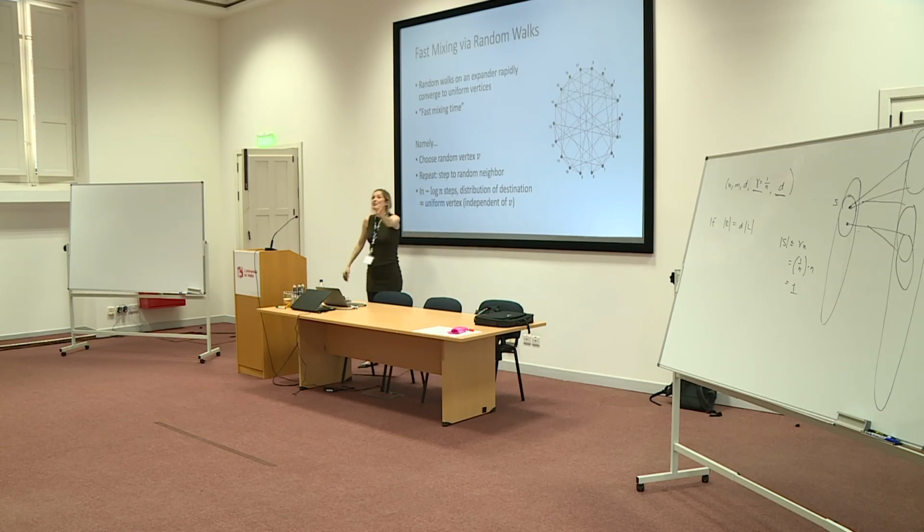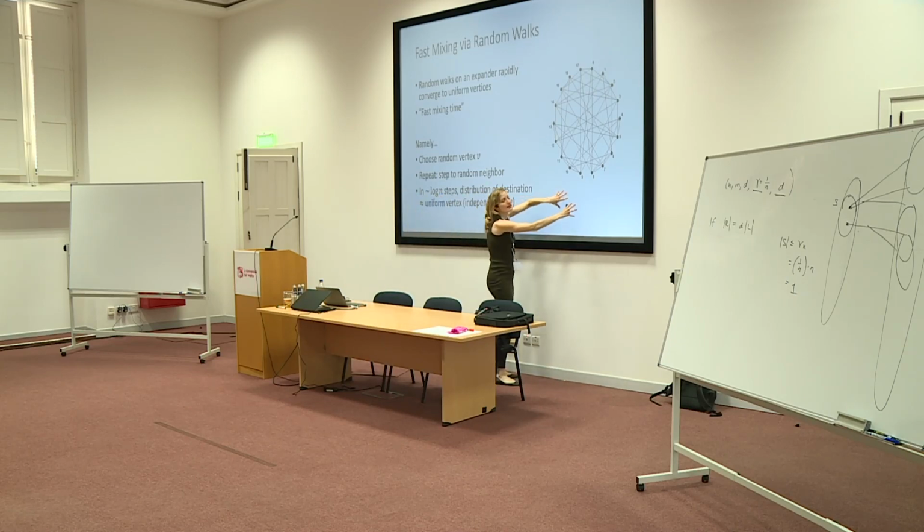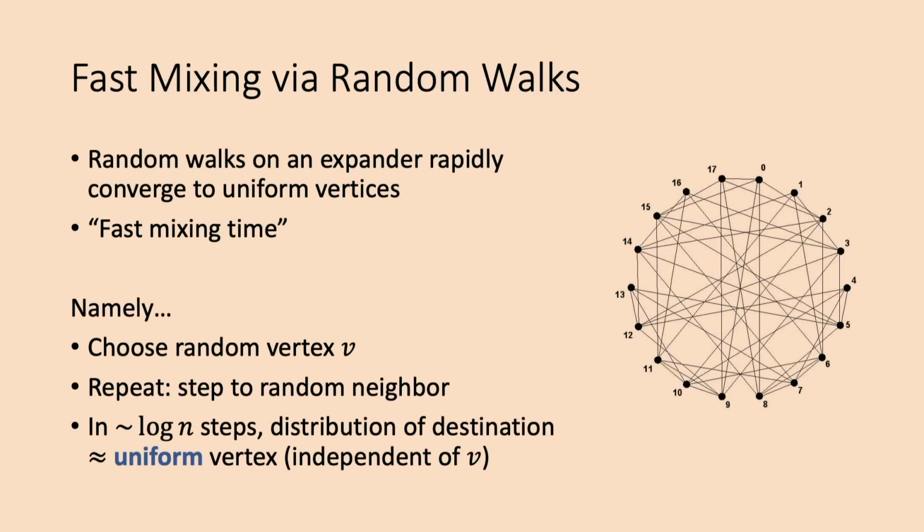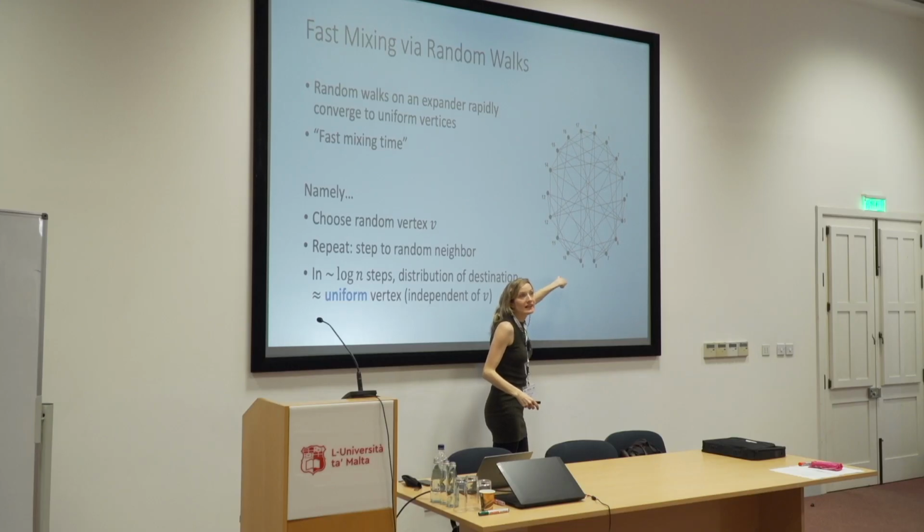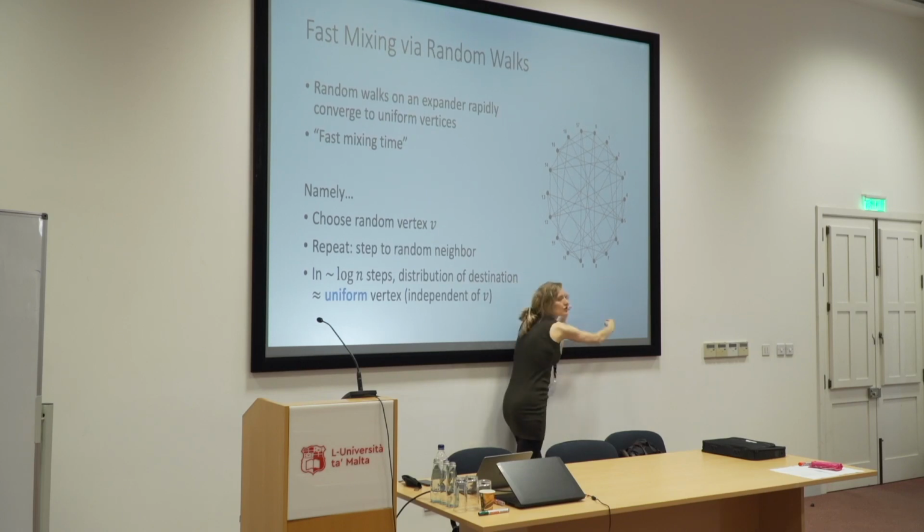And if you remember at the very beginning of the talk, I had this picture of the blue and the red, the non-expander graph, and I said intuitively what holds there: if I start on one side and take a random walk, think about what's happening to the probability distribution. It's smearing out on this side, but I have to be lucky to even get to a vertex that has a neighbor on the other side in order to cross over and start putting probability over there.